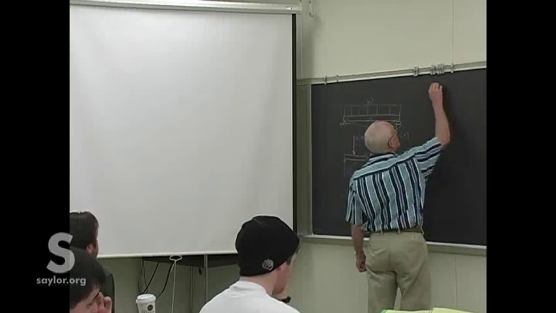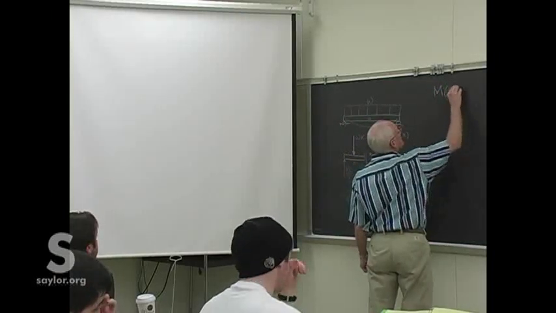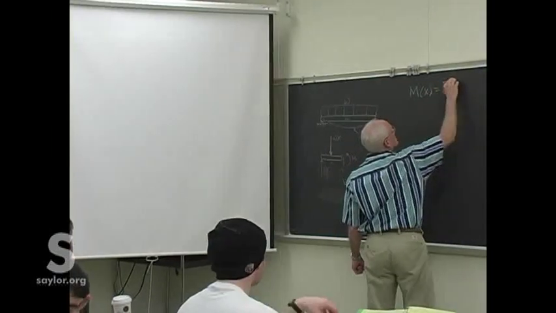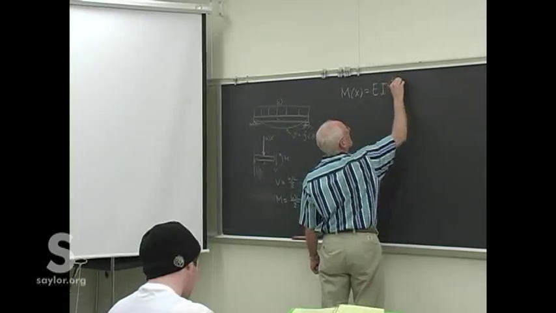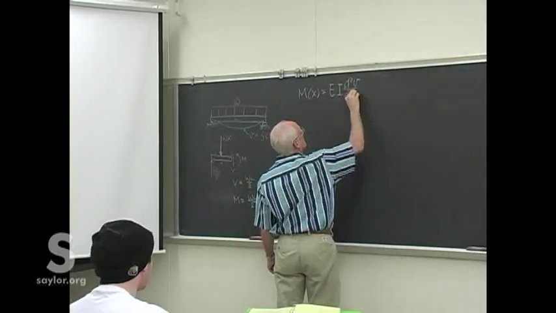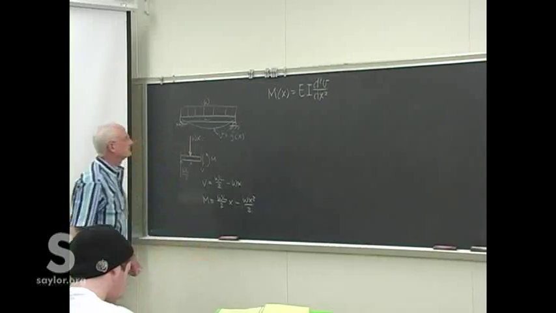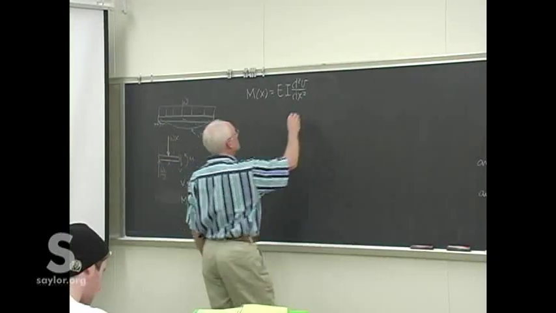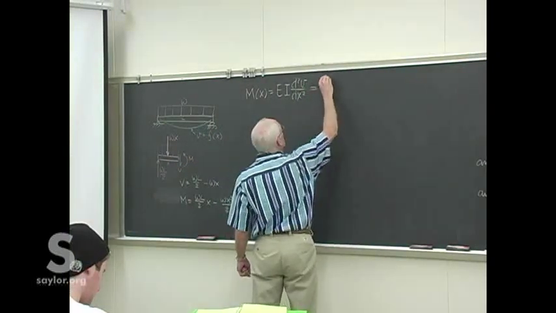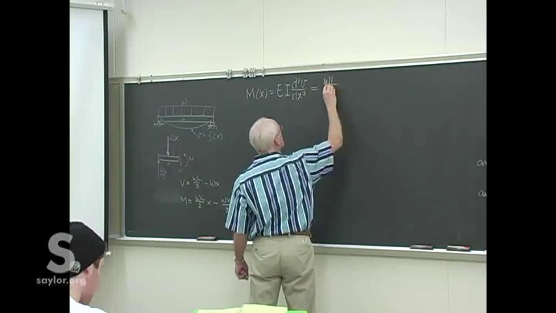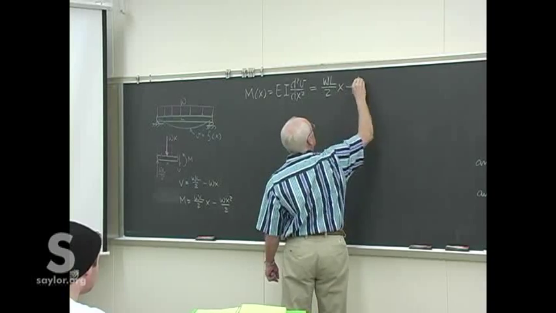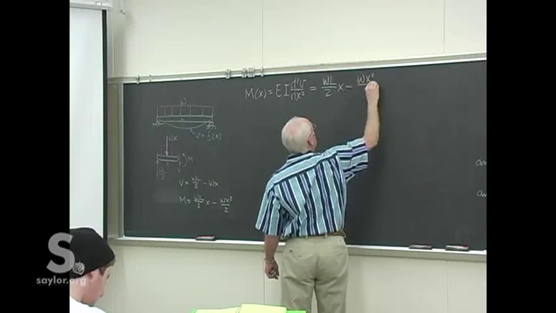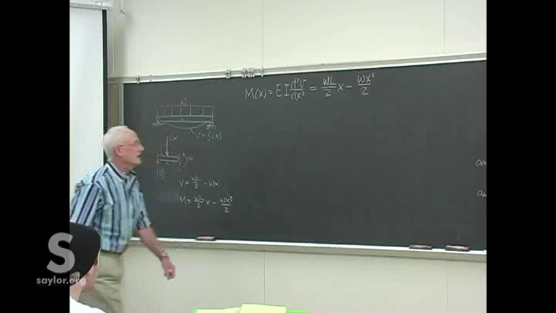So we now know the moment as a function of x, which equals EI, second derivative, equals WL over 2 x minus Wx squared over 2. Sounds like I'm reading off a bunch of radio stations.